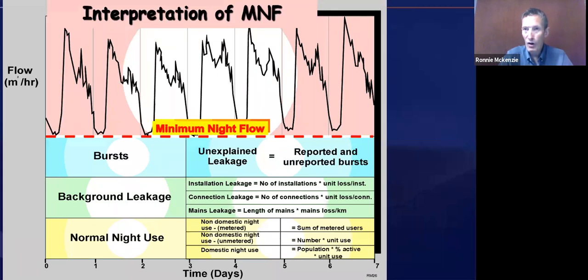How much of the water going into an area at night time would you expect to be there, and how much is unexpected leakage, which is then an indication of whether you've got a burst problem or not. So again, I'm not going to go into the detail of this. It's all in the manuals. It's all been covered many times before.